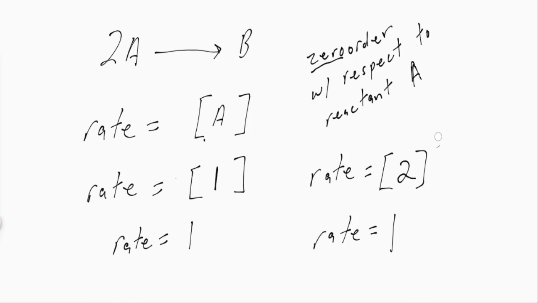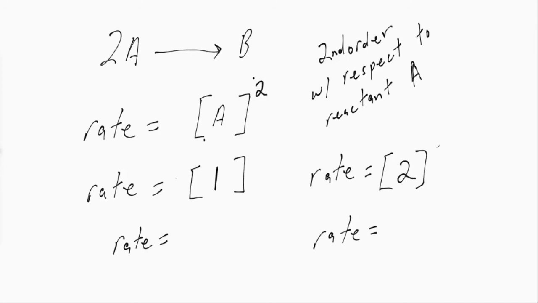So I'm going to get rid of this, and let's put second order. So if something's second order, let's say reactant A, it's second order. So what that means is we just put a 2 here. That's second order.